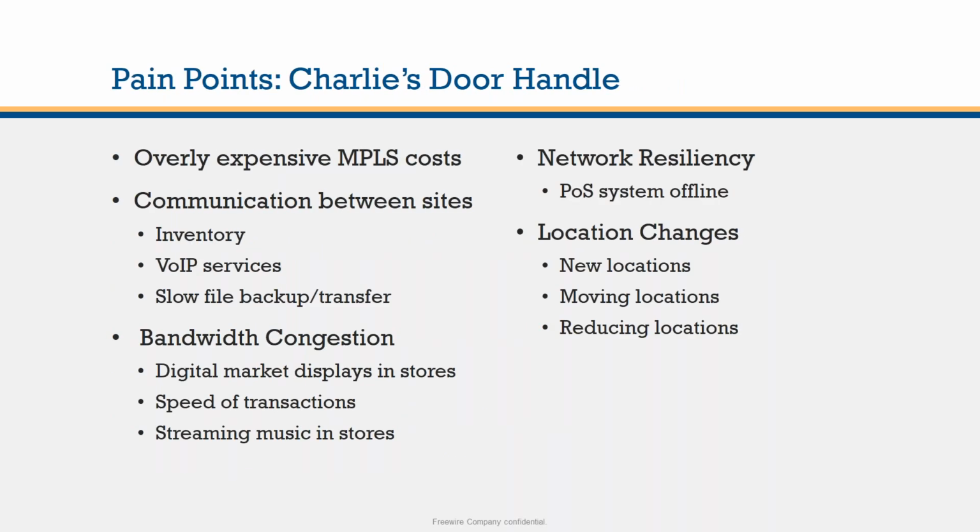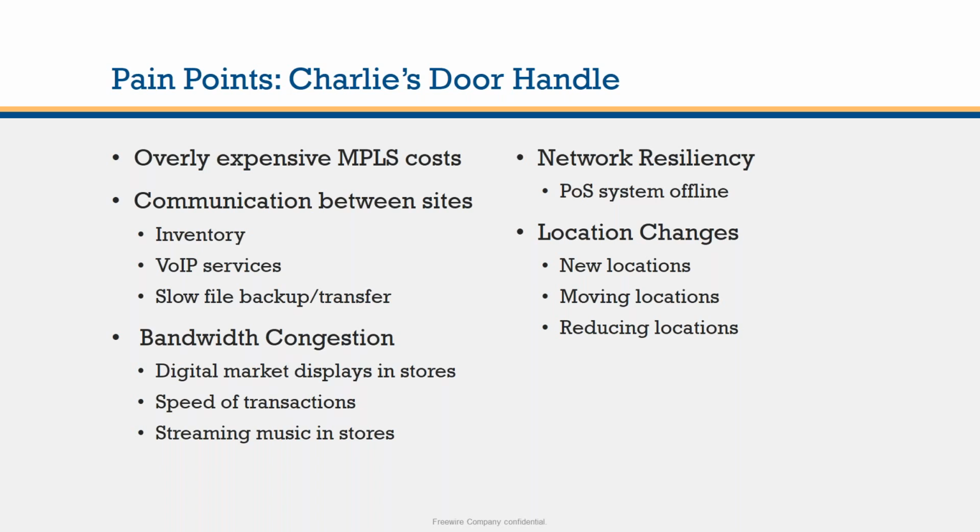So now that we've developed the customer profile for Charlie's Door Handle, let's take a look at the pain points. Well, first, what's probably going to jump out to everybody is MPLS. MPLS has really been cleaning up in terms of how much it's been charging over the last 10 years. And we know that for a standard T1, that's probably going to cost anywhere from, on the low end, $400 a month to upwards of $800 a month, depending on the location. So they've got expensive networking costs right now.